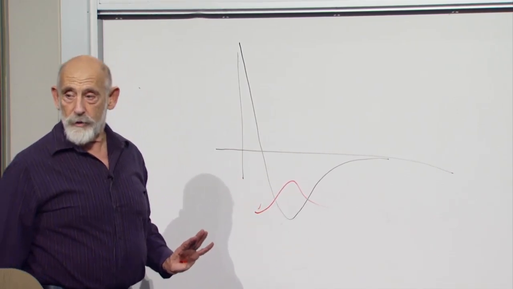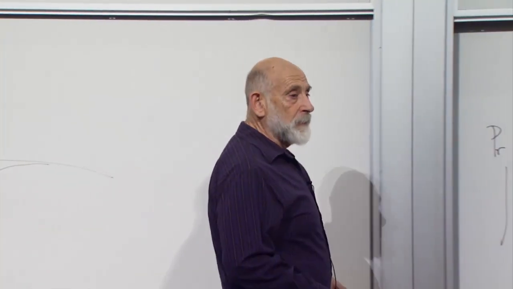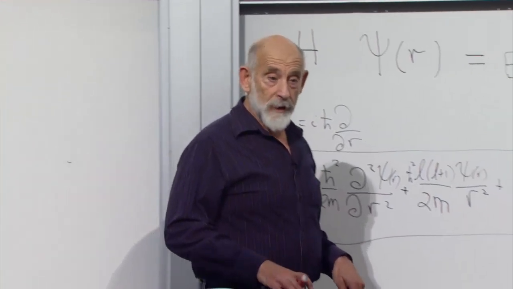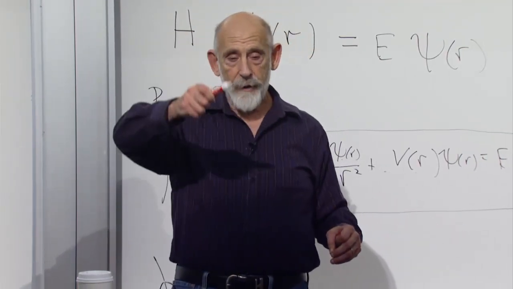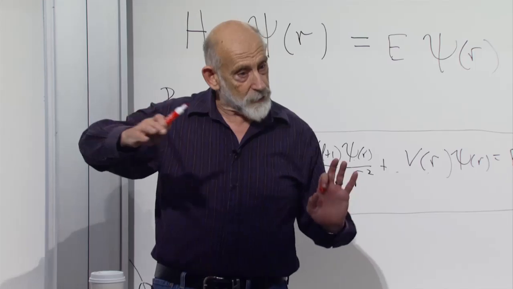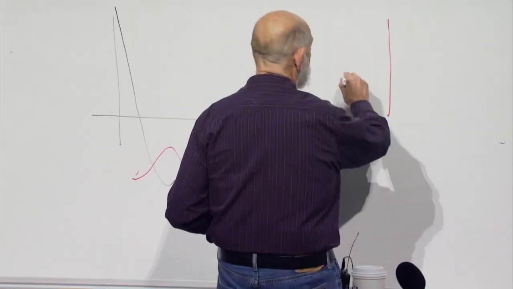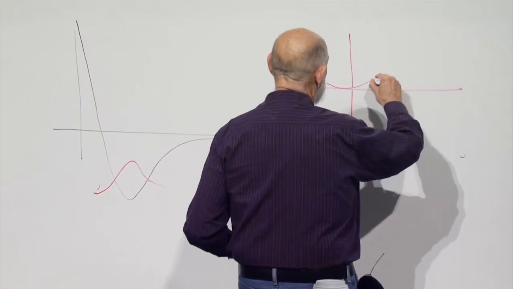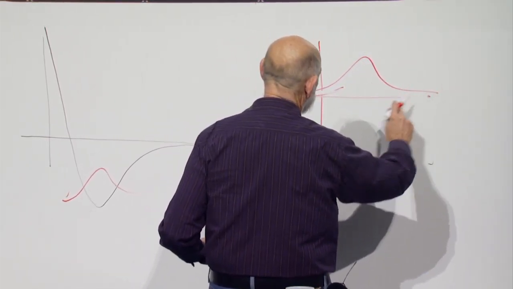Does everybody know what a node is? A wave function which is never zero, let's say it's always positive, has no nodes. If it goes up, goes down, passes through the origin, then it has one node. So here are some functions with different numbers of nodes. Here's a function with no nodes.